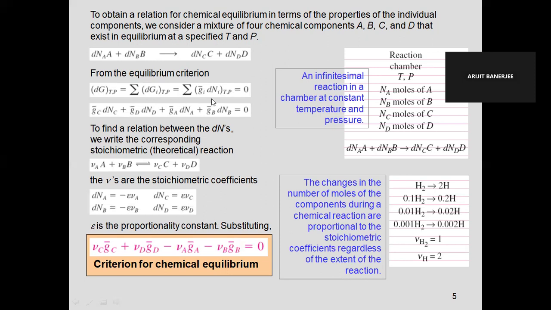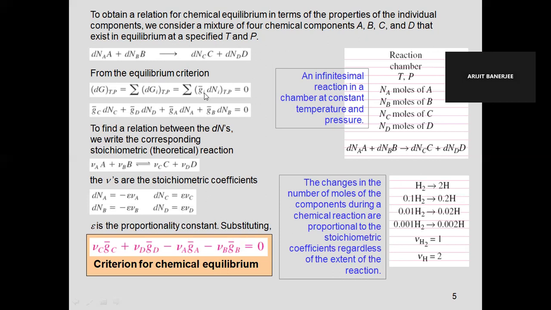Then we can write for individual terms, as we also have seen in the last class, in terms of the particular reactants and products. So dG is the extensive property, and that extensive property in this term we have written in terms of the components, including the reactants and the products. And then in the third term, we have written in terms of the intensive property or the molar property, so per unit mole basis.